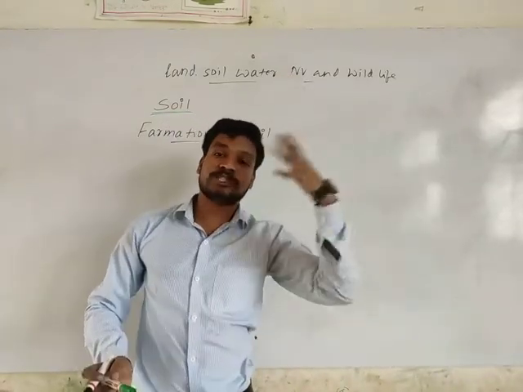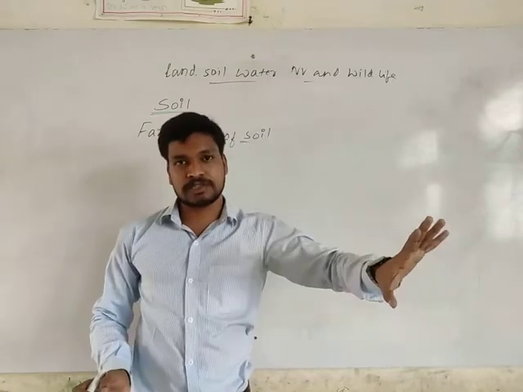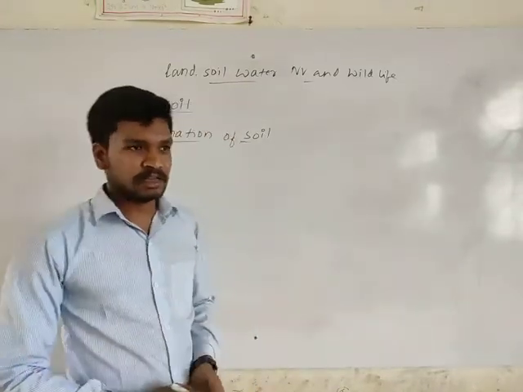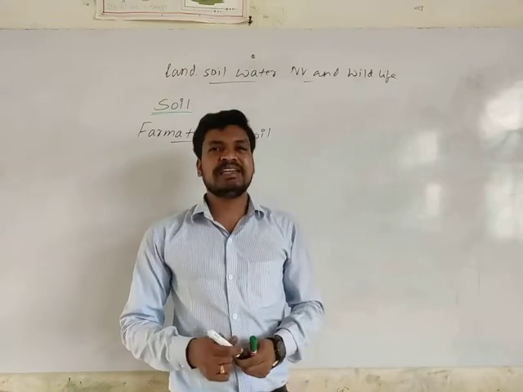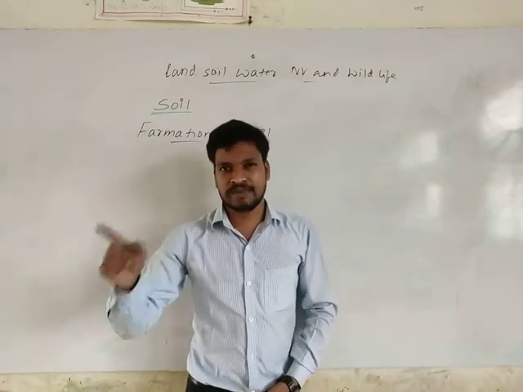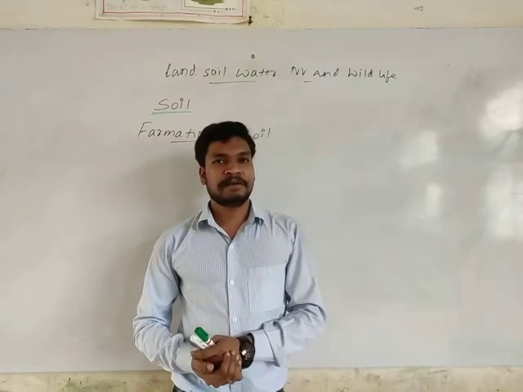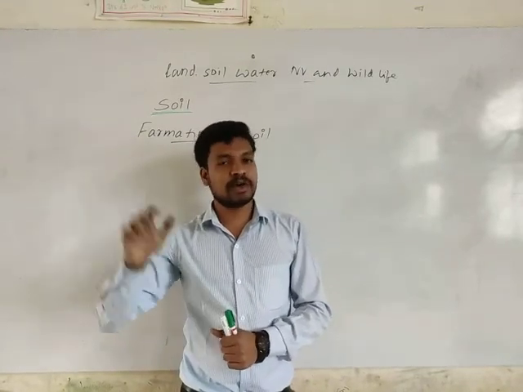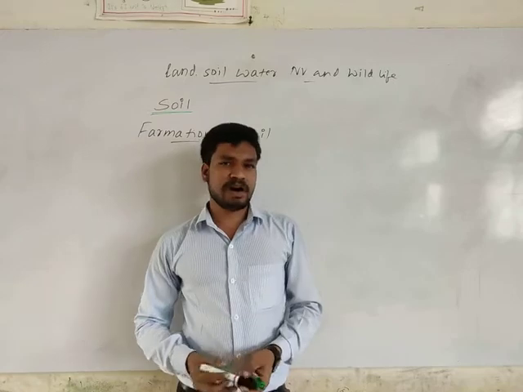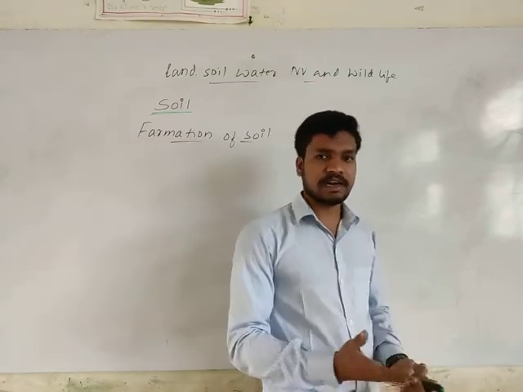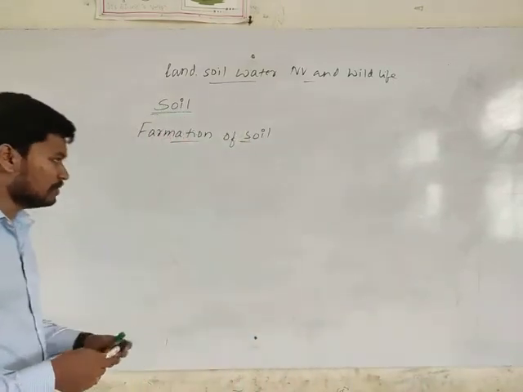Now, what are the things which influence the forming of soil? Soil cannot form with only rock. Soil cannot be formed by only one factor like rock. It includes many things, and that's what we will be discussing.